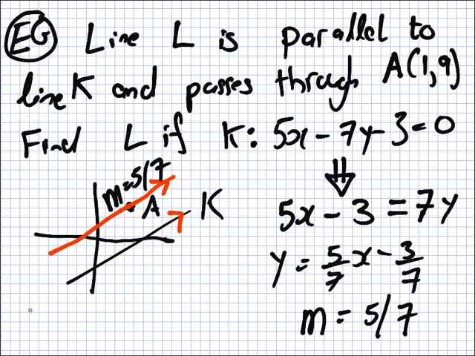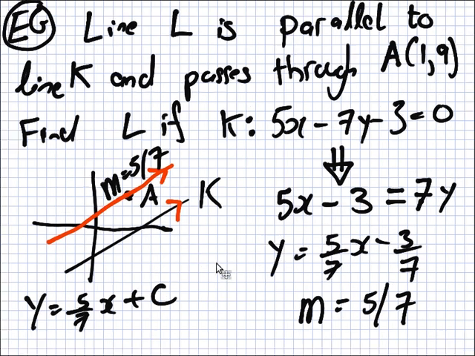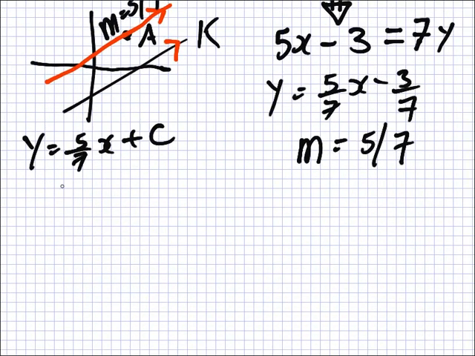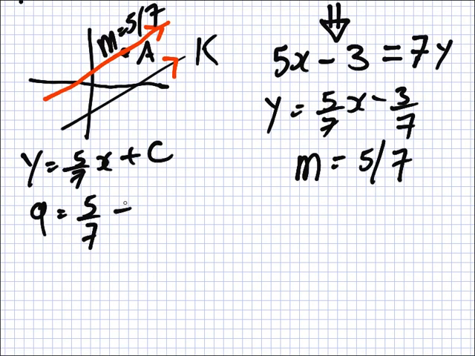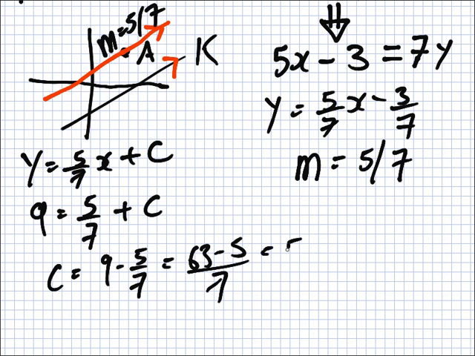So we have y equals 5 over 7x plus c. So we have to get the c. How do we get the c? Put A in. So what's A? (1, 9). Plus c. So c will equal 9 minus 5 over 7. Let's see, what's that? 63 minus 5. What's that? 58 over 7? Is that right? Maybe someone can type that in on the calculator. 9 minus 5 over 7.